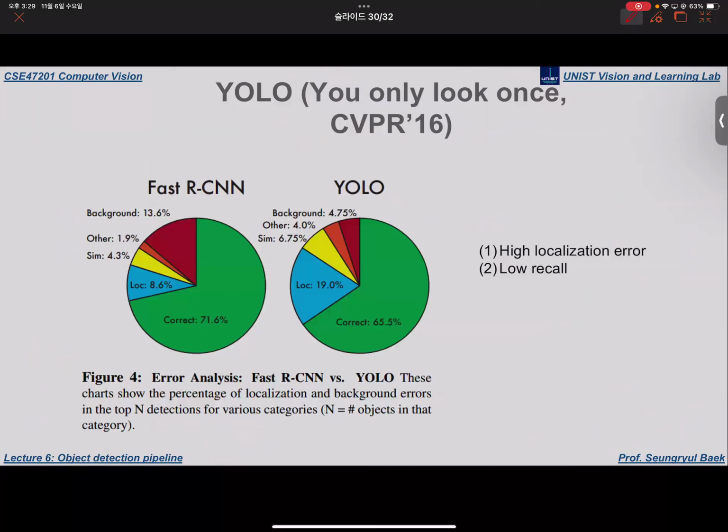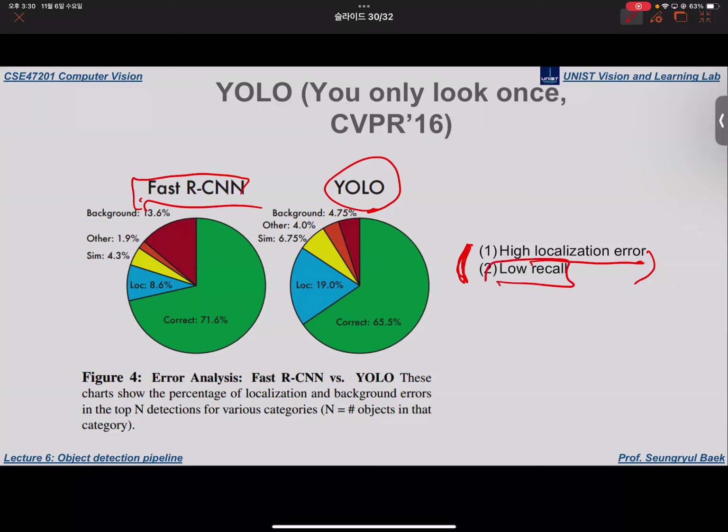When analyzing the error of YOLO, their characteristic is that their bounding boxes themselves also have error compared to Fast R-CNN because they simultaneously estimate the bounding box. So it is less accurate than Fast R-CNN.